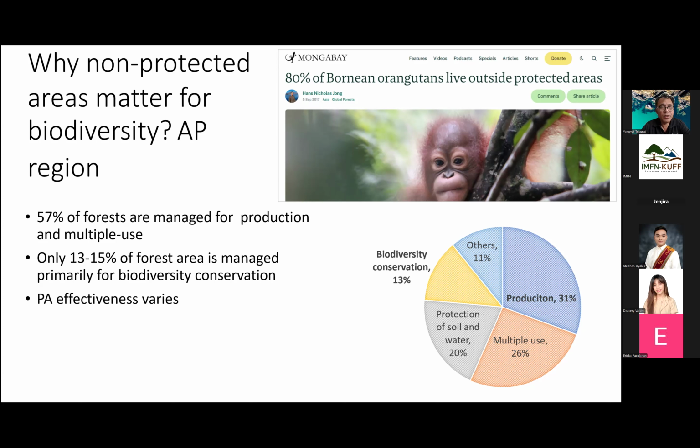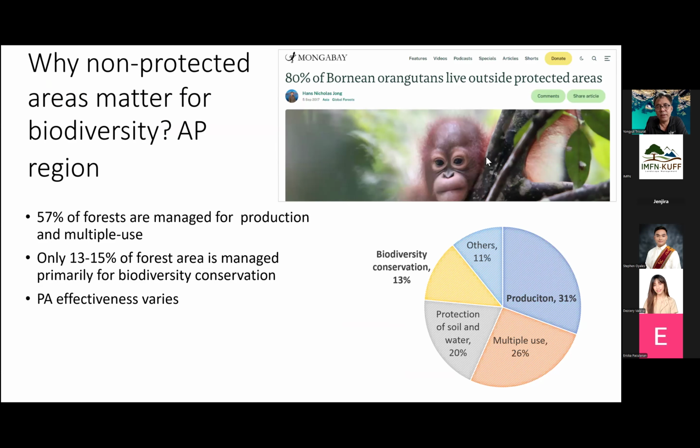Economic forest is also important because a large percentage of the remaining forest is economic forest, not the protected area. That area is also important for the habitat of many species and for the livelihood of local people. This article on the right hand side shows orangutans in Borneo.